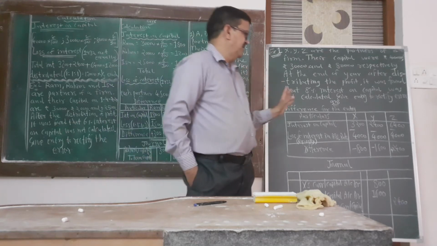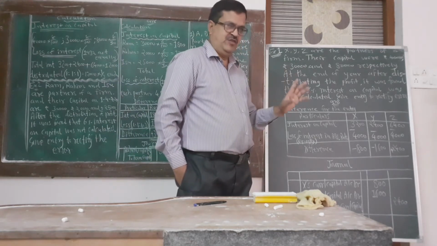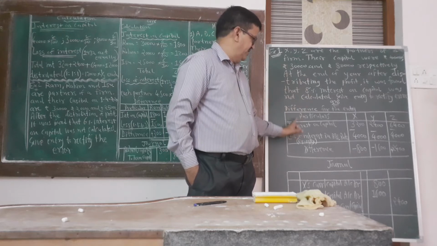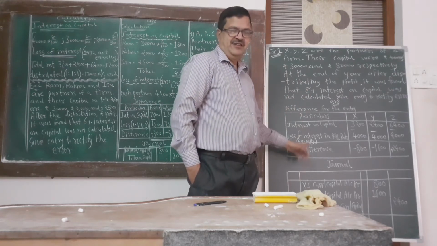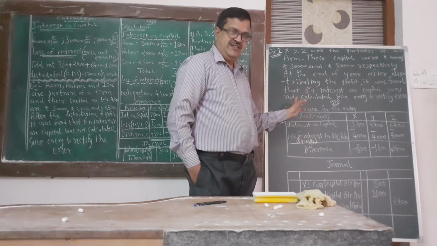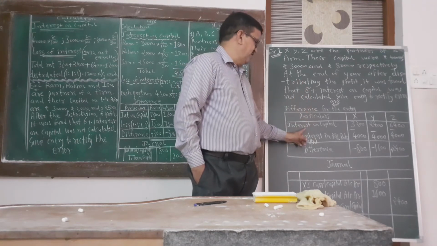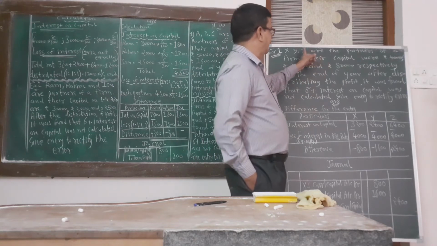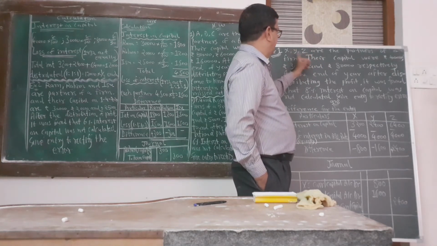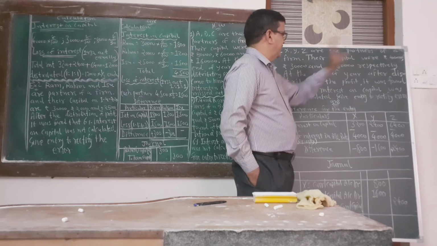So in the board exam you have to write only two things, the difference table and the journal. So find out the difference. You have to first calculate the interest on capital. X's capital was rupees 40,000.